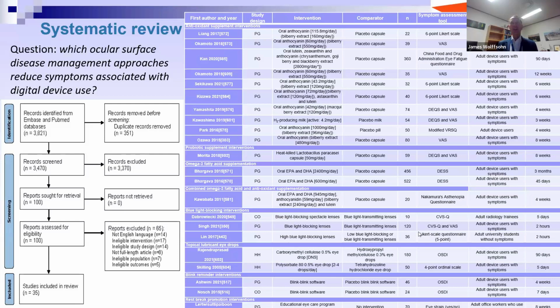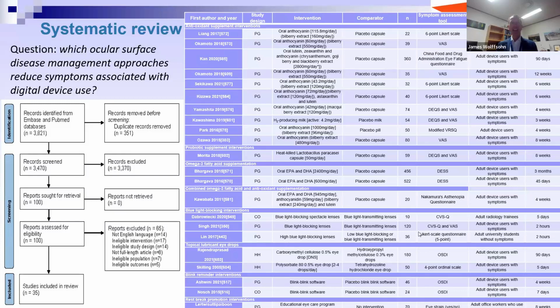So let's now start to think towards treatments. So our systematic review for this report had the question, which I think is top of my mind, but I imagine many of you as clinicians, which ocular surface disease management approaches reduce symptoms associated with digital device use?